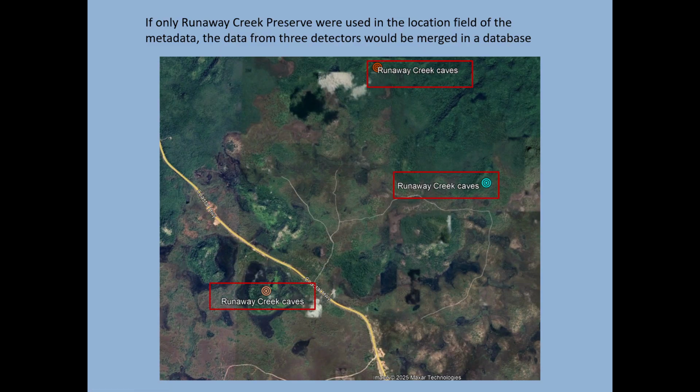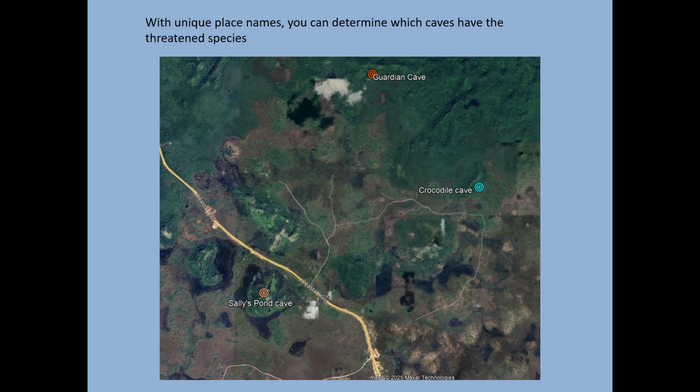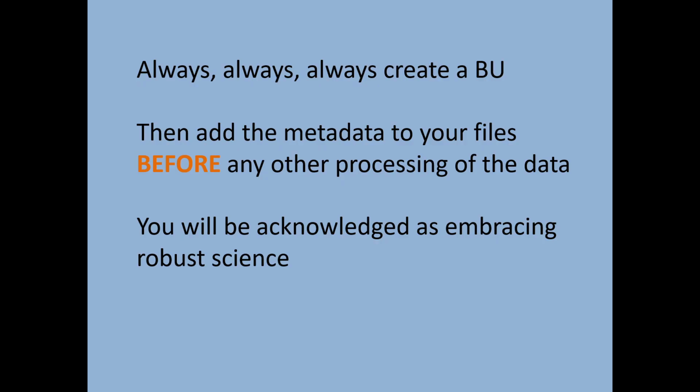Well, it looks like they're geographically three different caves, and they're actually quite widely separated. Now, if you use unique cave names for each data set, then you know exactly what cave the species came from and which one may or may not warrant protection.